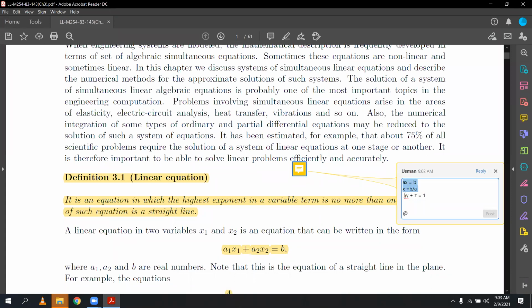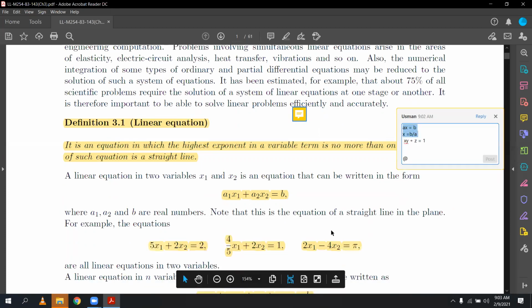What is the solution? x is equal to b over a. Why do we call this a solution? Because when we put b over a in place of x, you have the right hand side the same. So alhamdulillah, we call this the solution of the linear equation.